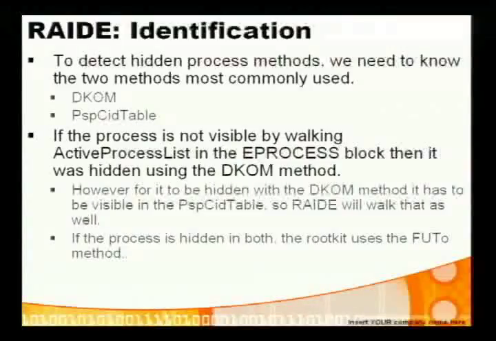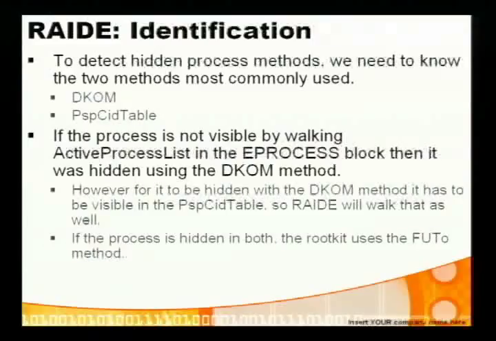So we had to come up with the list of methods we want to identify. The two major ones are obviously FU and FU2. They're the most prolific. FU is the most widespread rootkit. FU2 is not stable enough with some of the more advanced features to be bundled in spyware, which is an achievement in itself. If the process is not visible by walking the active process links, it's therefore hidden with DKOM.